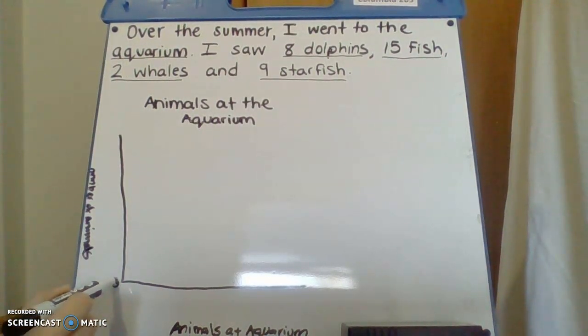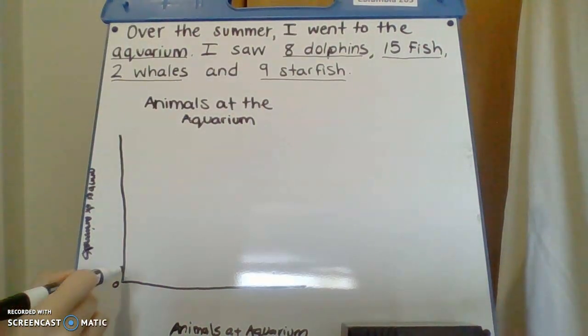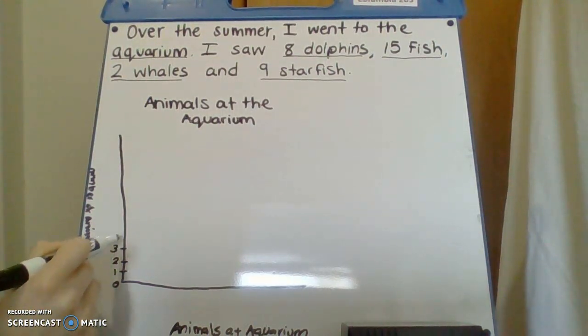And then on the side, this is going to be the number of animals. So your graph always starts at 0. And then you have to count up. You have to look for your biggest number. So your graph has to go to the biggest number, which is 15. So now I do little marks, 1, 2, 3, and so on up to 15. They should be spread out pretty evenly.